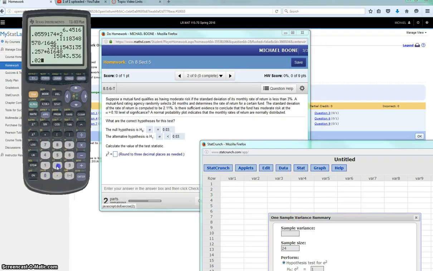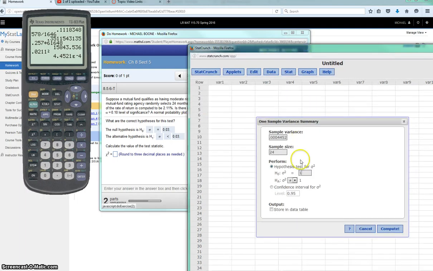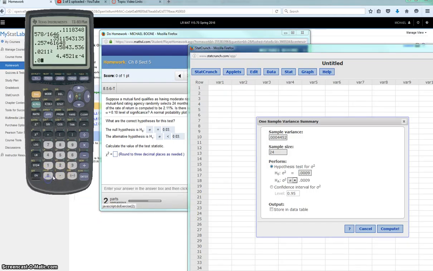So 0.0211 is 2.11%, and I'm going to square it. So that gives me 0.0004452. If I do the same thing for my 3%, my hypothesized value, that would be 0.0009, or 3% squared. And we said less than the 0.0009.